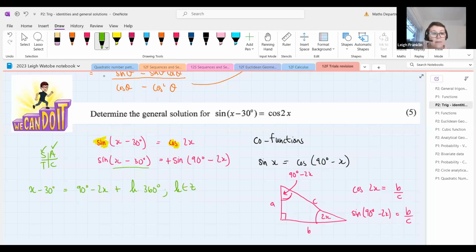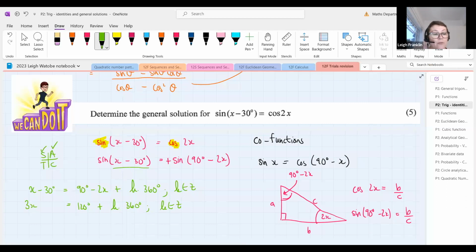Okay, and then I'm going to take my 2x over to the other side. So that would give me 3x. I'm going to take my 30 over to this side. That's going to leave me with 120 plus k times 360, k is an element of the integers.